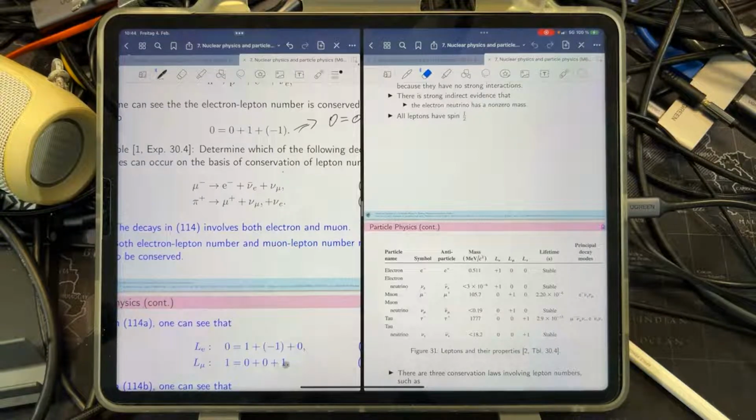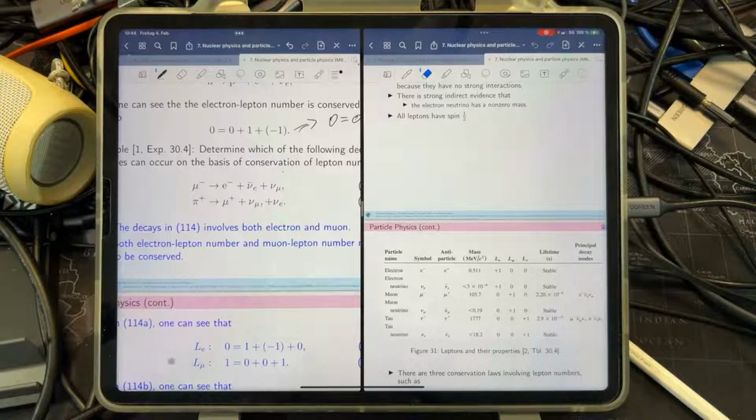And let's consider whether this equation is valid or not. Of course, before the decay we have 1, and after the decay we have 0 plus 1. It turns out again to be 1. So this equation is valid. When this equation is valid, it means the muon lepton number is conserved.